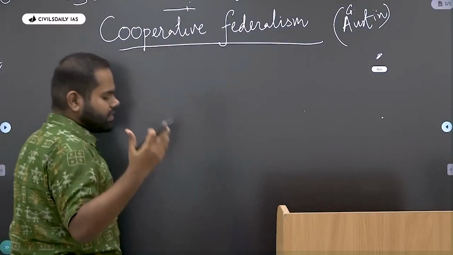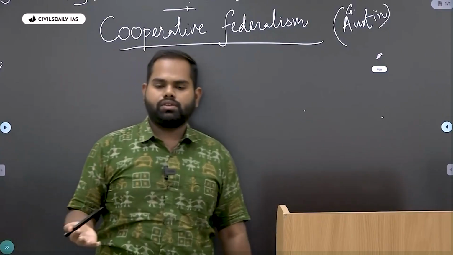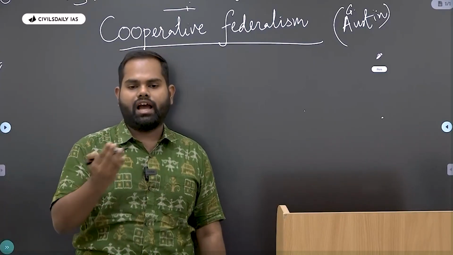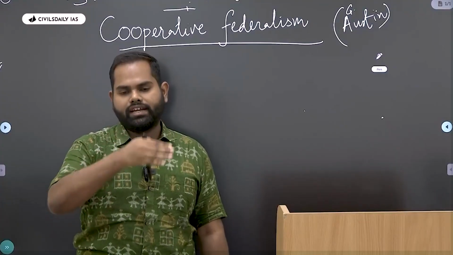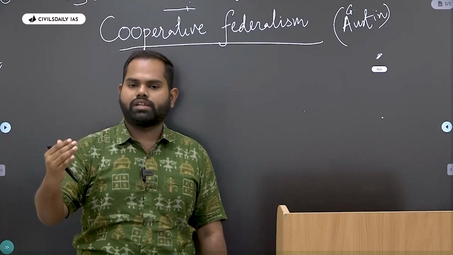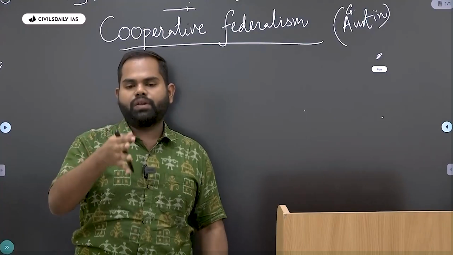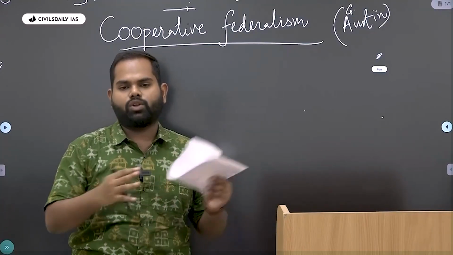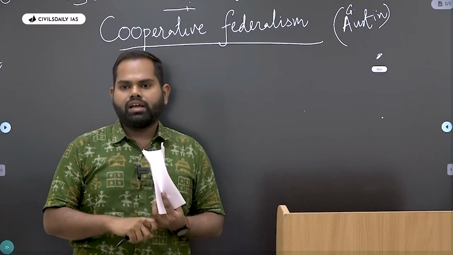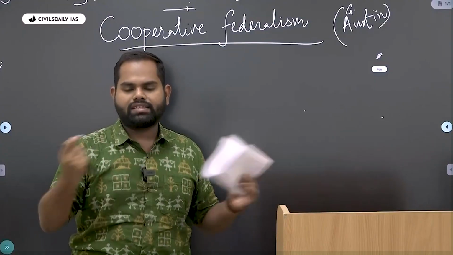If you ask why cooperative federalism is necessary and why it is useful for India, you can give a lot of points. Historically, how the states were formed, and hence you needed a uniform structure where there has to be coordination between them. Then you can talk about how to prevent secessionist activities. Third point, in case of calamities, for example during COVID, the center had to invoke the Disaster Management Act.